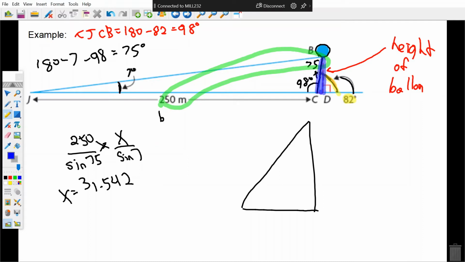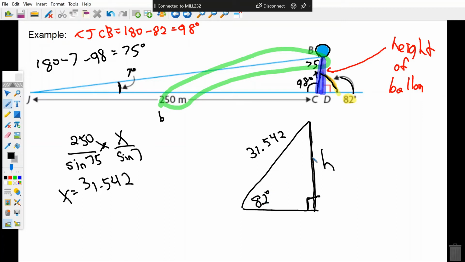We just found out that the hypotenuse of this is 31.542. We can see that this angle here is 90 degrees, and we want this height of the balloon, just straight up and down, okay? Well, we know that this angle right here is 82 degrees. We were given that from the beginning. We have a right angle, so we can use the primary trigonometric ratios to find the height.